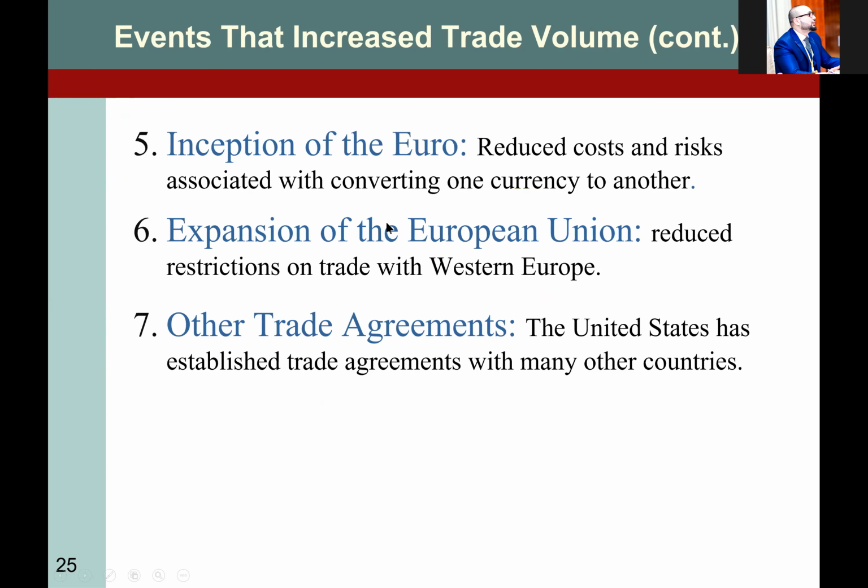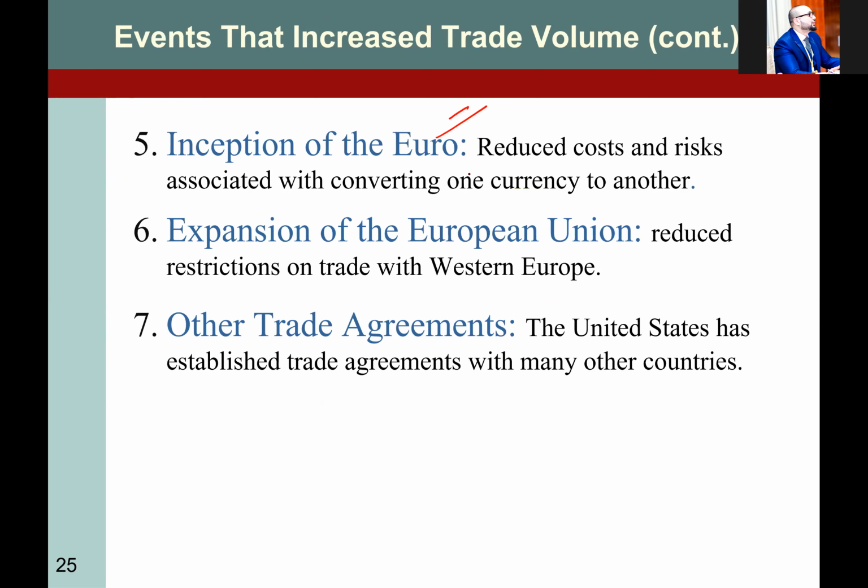Number five, the inception of the euro, which means when the European Act passed, they no longer had to maintain their own currencies, so they adopted the euro as the currency of all European countries. Each country has its own sovereignty, but the medium of exchange among all European countries is the same, the euro.